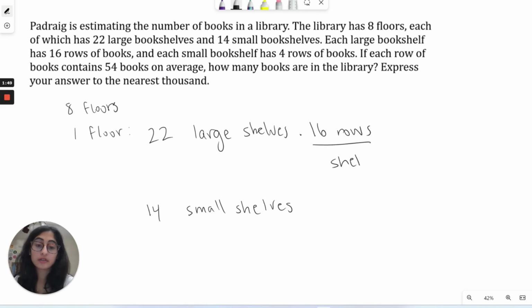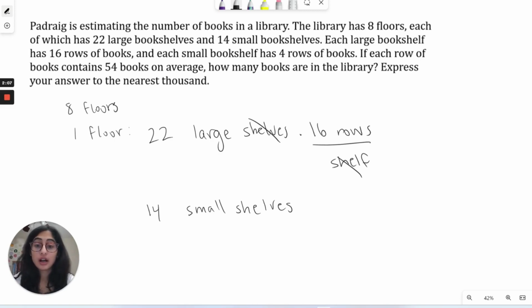This is just our conversion factor, if you remember from some of the previous problems. So the units will cancel out on the top and bottom. So shelves will cancel out. And so the number of rows in total for those 22 large shelves is just 22 times 16.